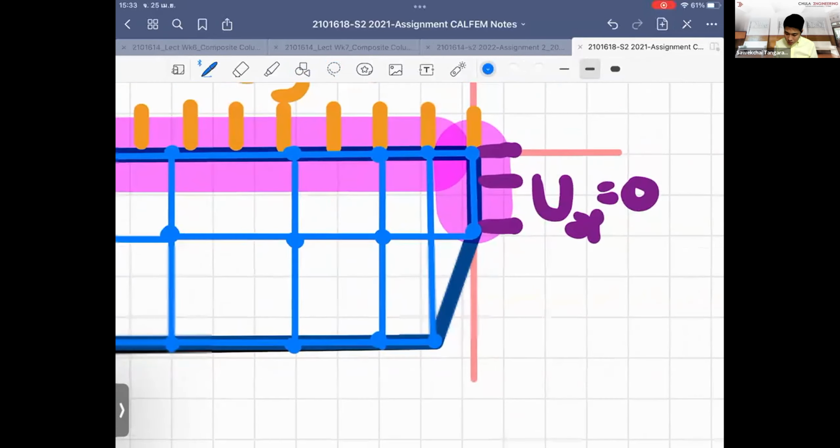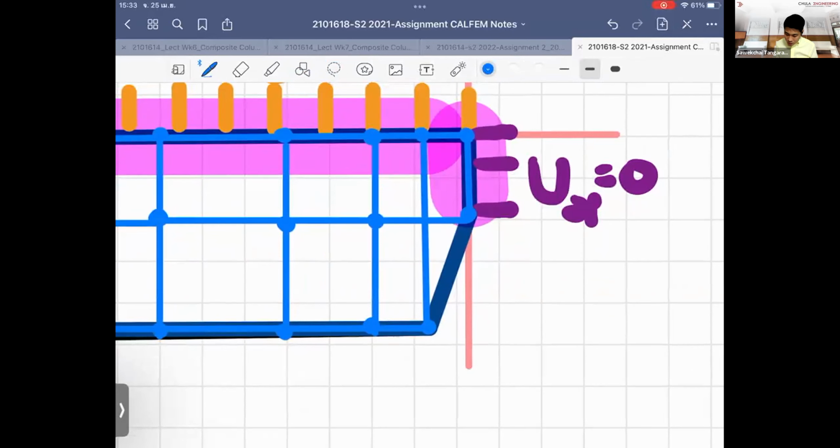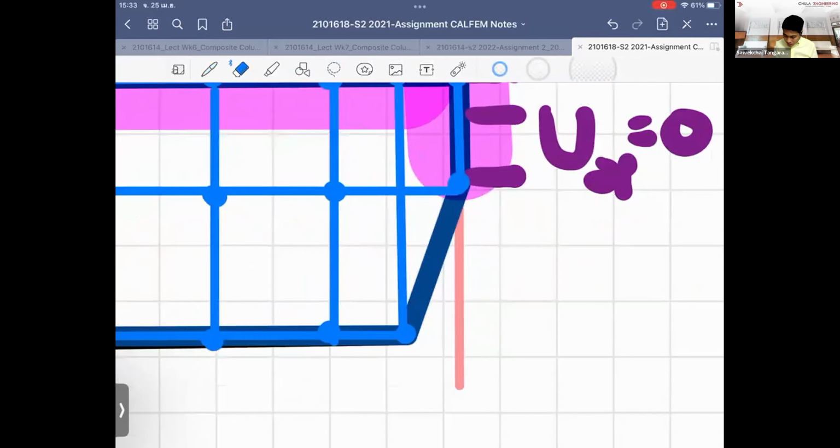It's possible to do the 4 node here, but because I drew it too much like a triangle. In our problem, this is not a triangle; this is more or less like a square.